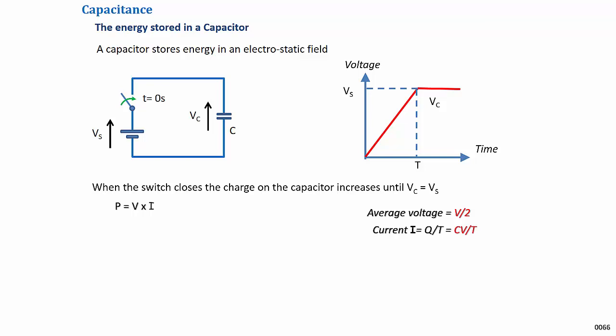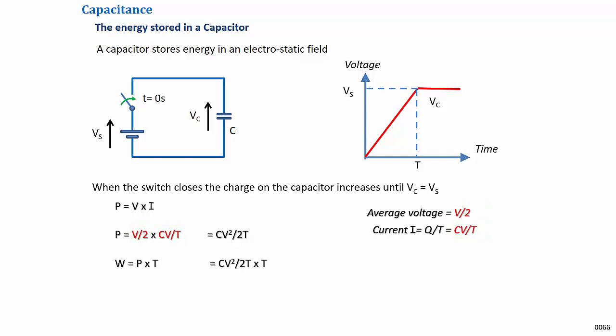And the amount of charge stored can be determined from the basic formula Q equals C times V. Substituting these values for voltage and current back into the power equation, P equals C times V squared divided by 2T.